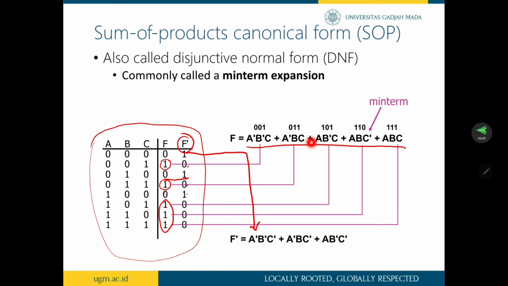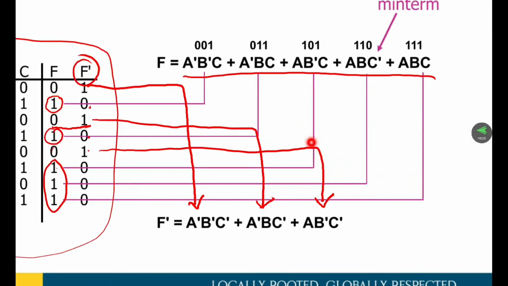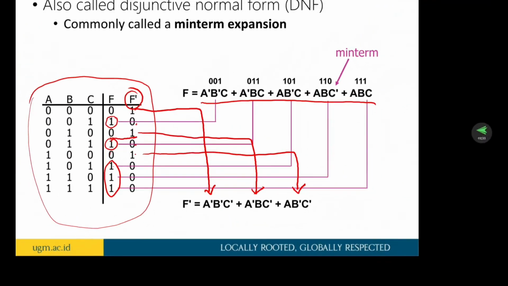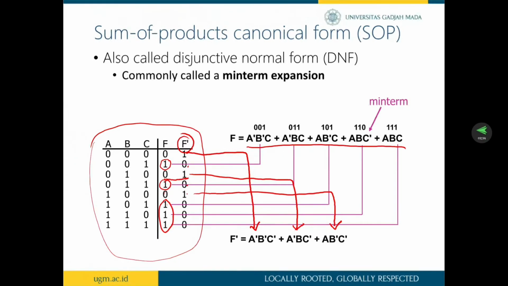So this is the result: A' dot B' dot C' or A' dot B dot C' or A dot B' dot C'. So this is the min term expansion for this from the truth table.